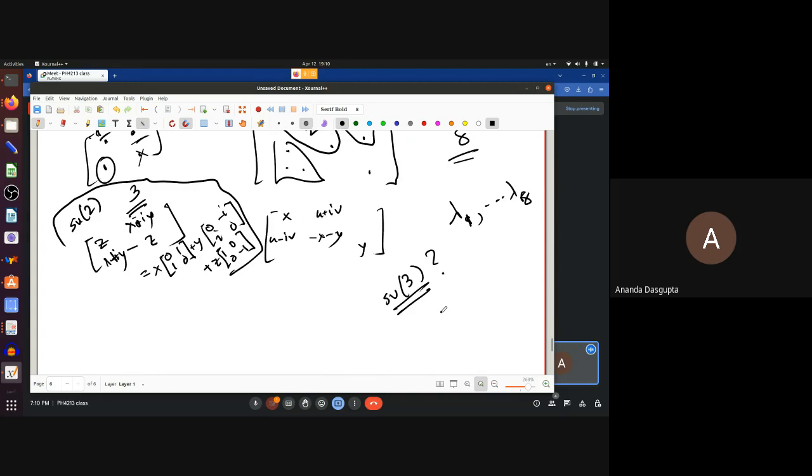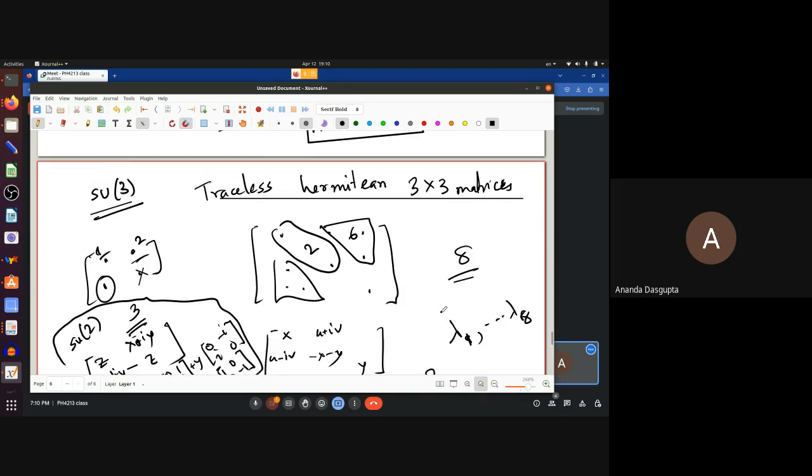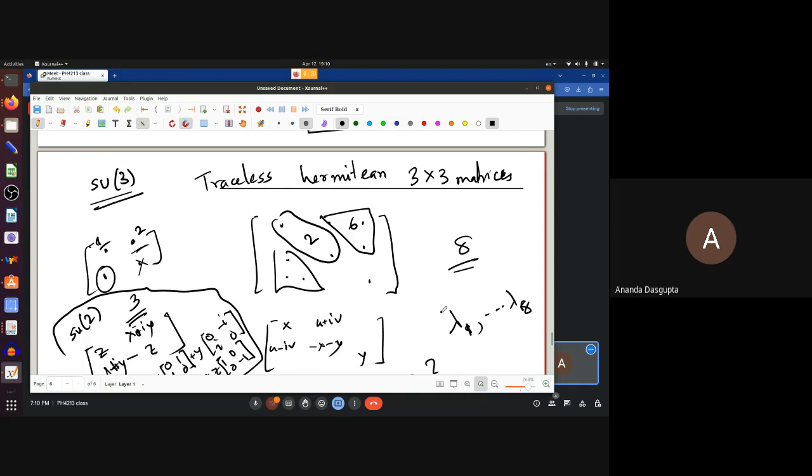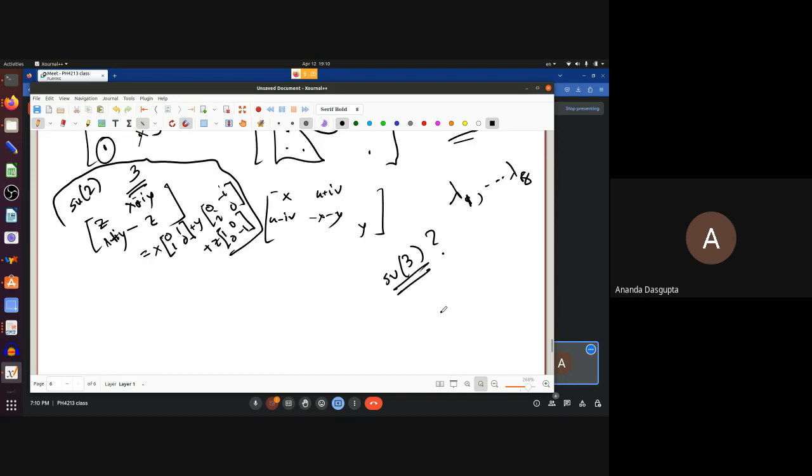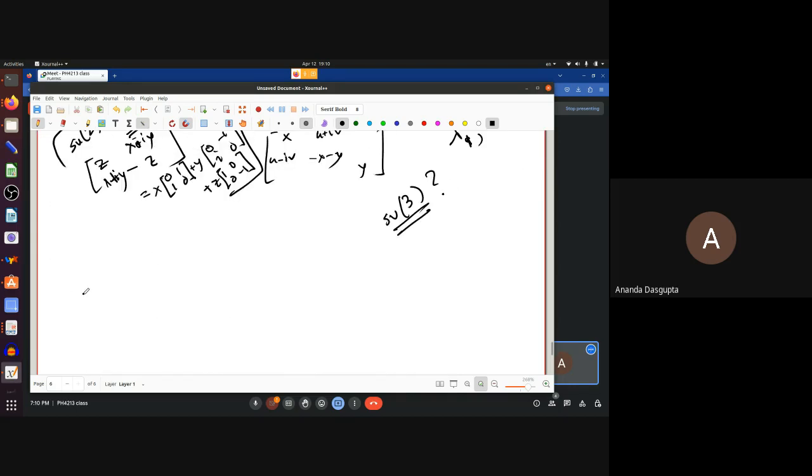Why do you call this SU3? The answer simply is, the exponential of I times a traceless Hermitian matrix. What do you get? A unitary matrix. Not only unitary, because the matrix is traceless, its exponential is unit determinant.